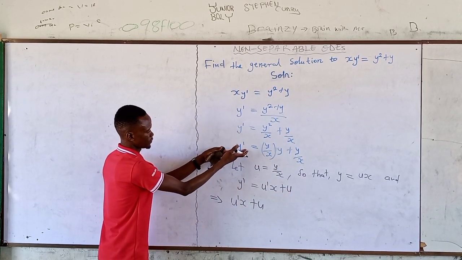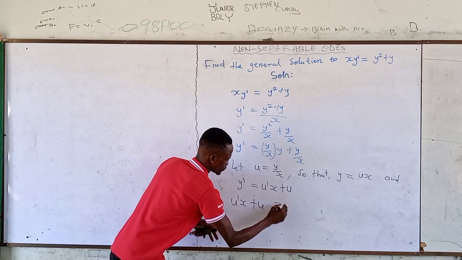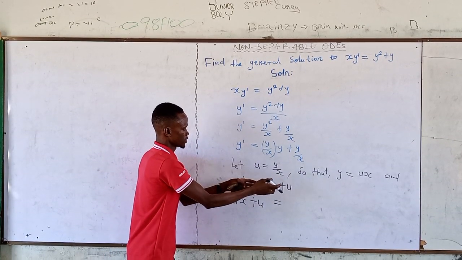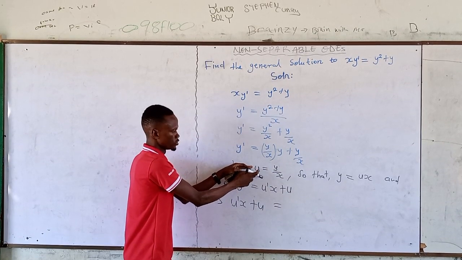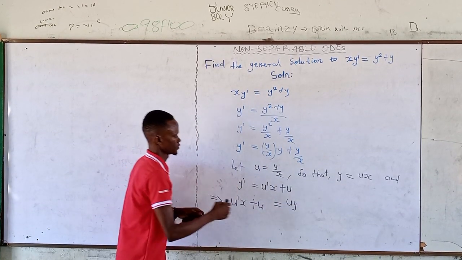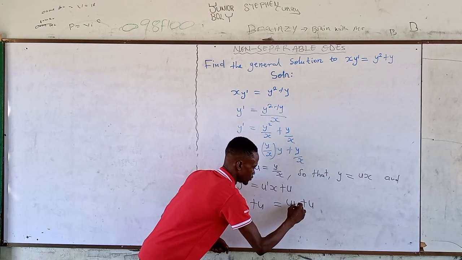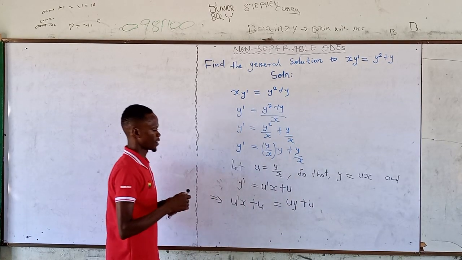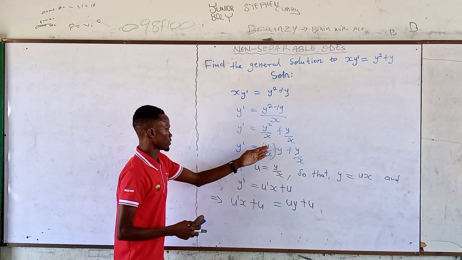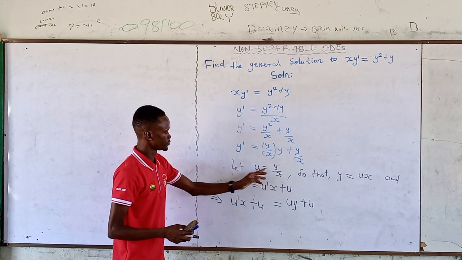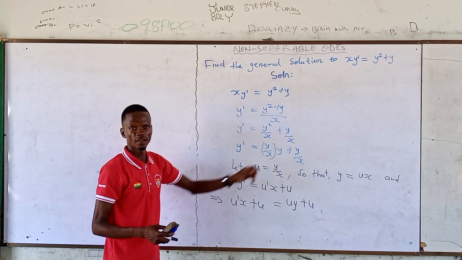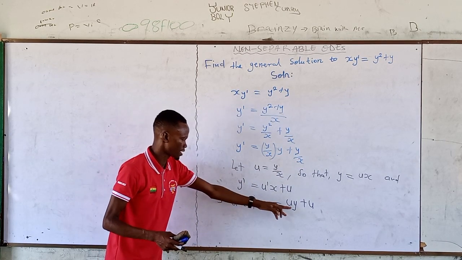Then replacing for the right side, it will be equal to, so this equation now becomes, y over x was represented as u. So we have u times y, then plus u. Note that this y over x was u, and then this y over x is u. But there was already a y there, so that's why we come here.